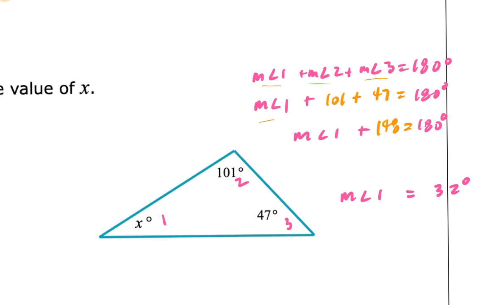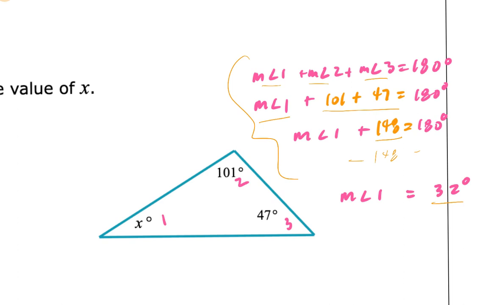Then the measure of angle 1 plus these, which add up to 148, subtract 148 from both sides, and you get the measure of angle 1 equals 32 degrees. There's your answer. Here's your proof. Your answer is 32 degrees.